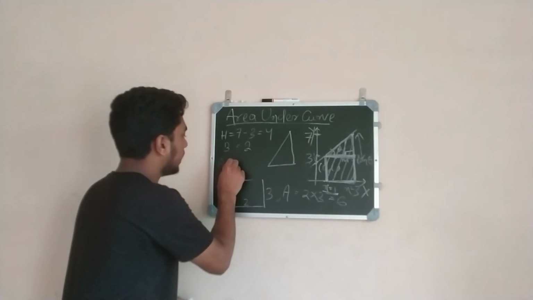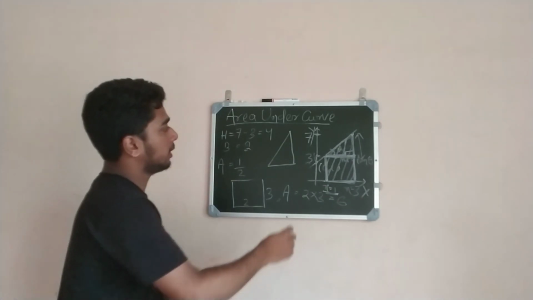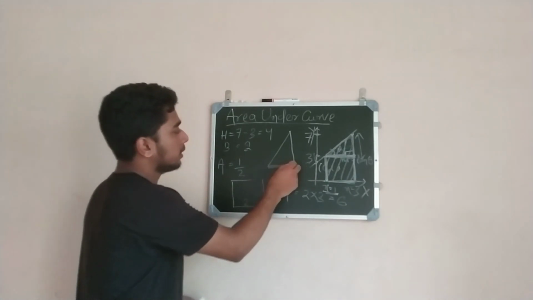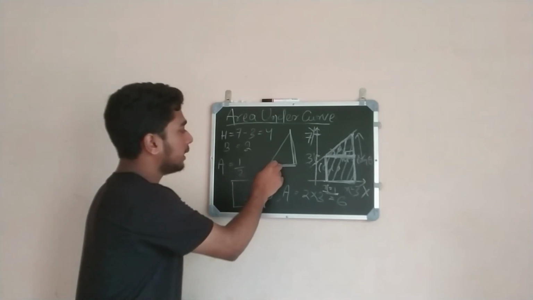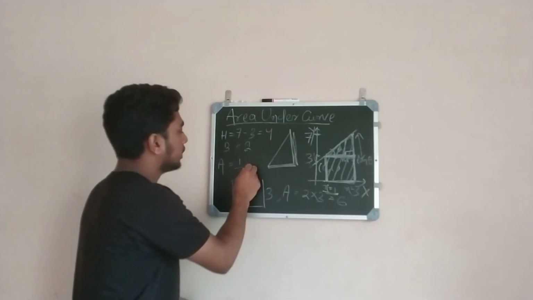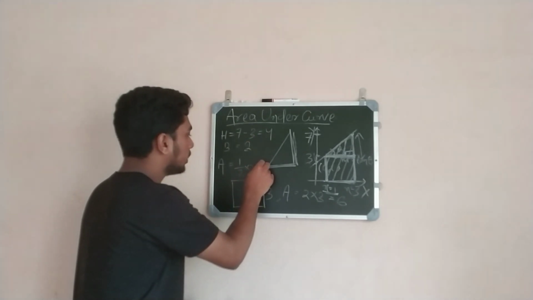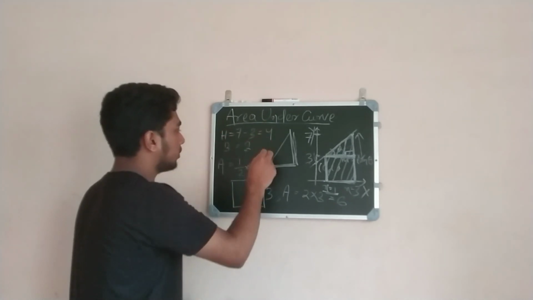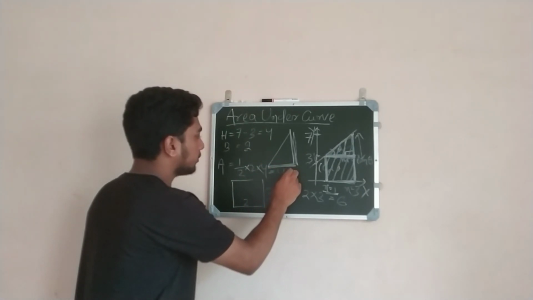So what is the area of the triangle? The area of a triangle is half times base multiplied by height. Our base is 2 multiplied by height 4. So this is 4 unit.